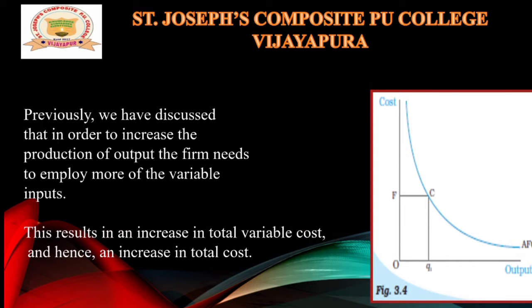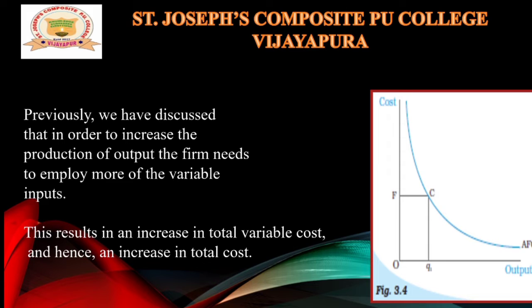Previously we discussed that in order to increase the production of output, the firm needs to employ more of the variable input. That means in order to increase the amount of output, the firms need to employ more of the variable inputs.